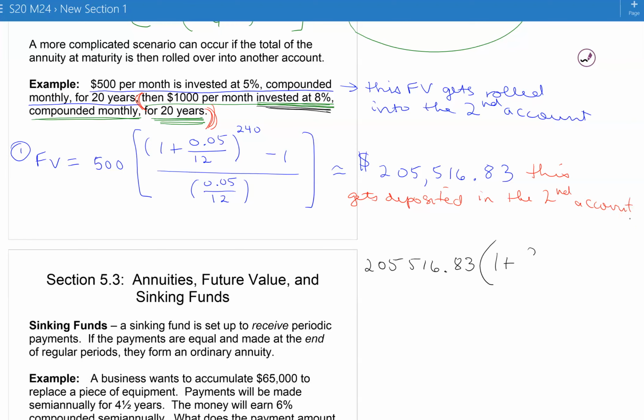So it's invested at 8%, 0.08 as a decimal, monthly, so divide by 12. Then monthly for 20 years is 240 times it gets compounded.